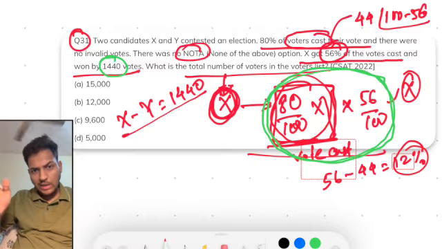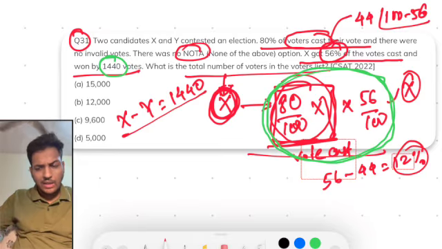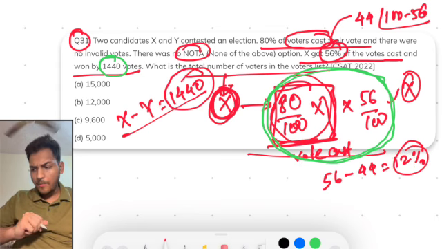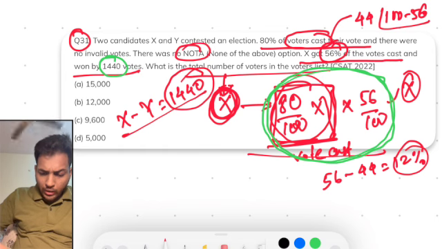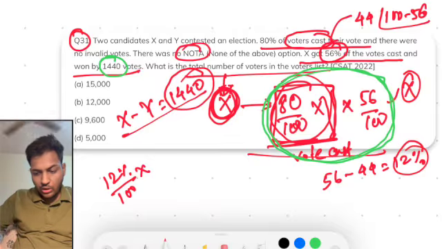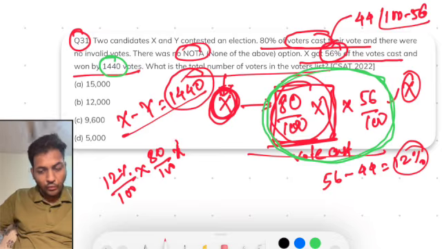12% of the vote cast is equal to the difference between X and Y, and they have already given you the difference. So how will we do it? 12% of, that is 12 by 100 of what? 12% of vote cast. Now vote cast is already 80 by 100 of X, where X is total voters.